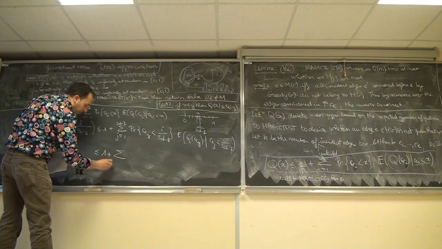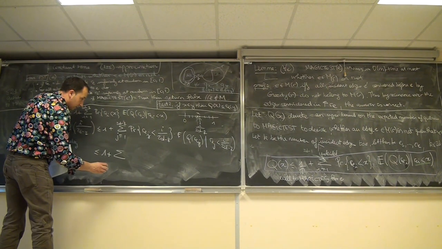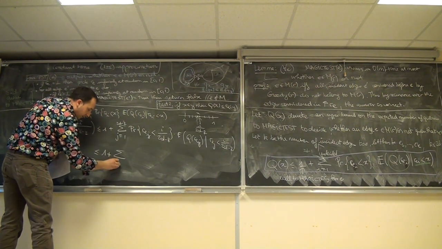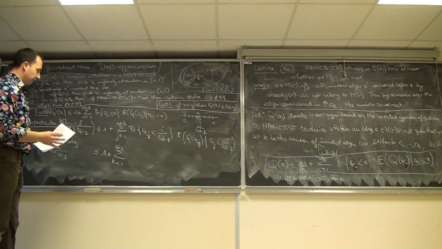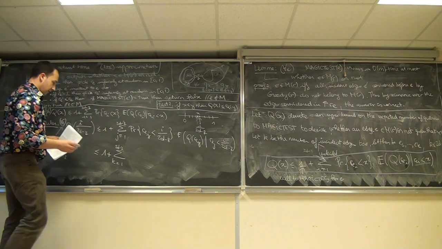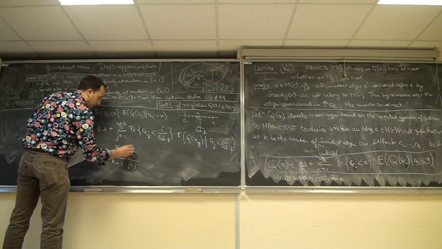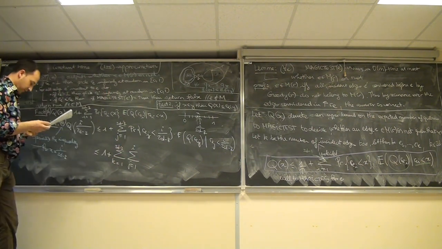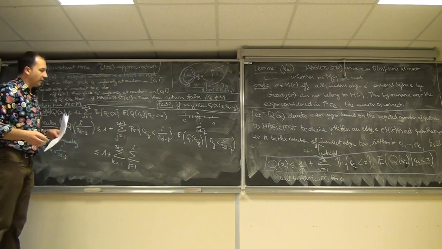So it's the sum for k from 1 to 2d minus 2 of the sum for j from 1 to I. Here, what's my problem?